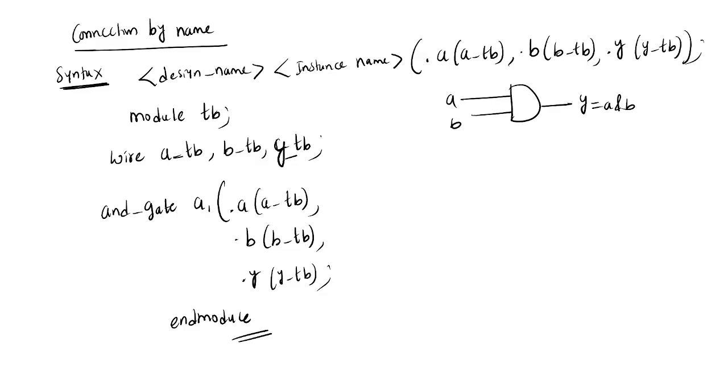Connection by position, if you take. Connection by position means how to write. So here for the AND gate I am writing data flow modeling. Previously I wrote behavioral modeling.